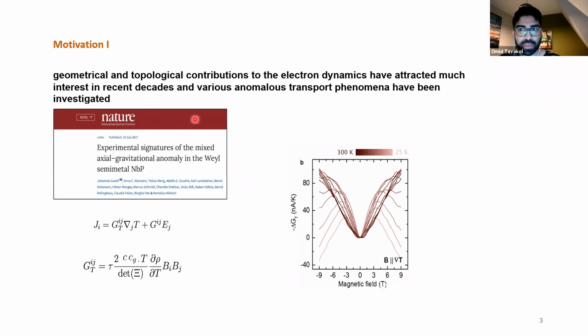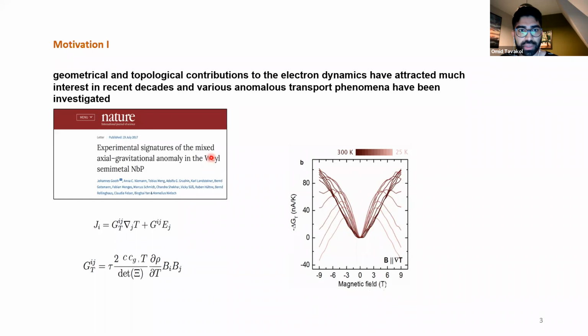Let us start with a beautiful experiment done by Karl Landsteiner and his collaborators about the experimental signature of the mixed axial-gravitational anomaly in Weyl semimetals.